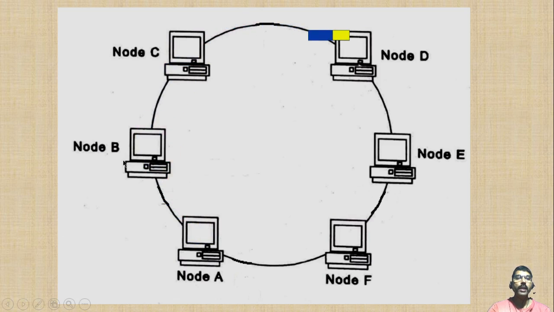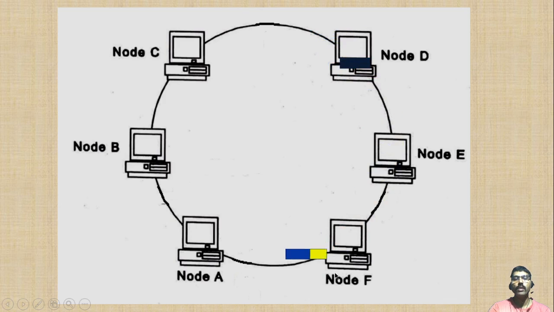Here node B and node C will just reject it, because the destination address of this data frame is not for B or C. Only node D accepts the frame, as the destination address is for D. Once it receives the data frame, it extracts the data from the data frame and receives it. The remaining data frame is sent to the next station.